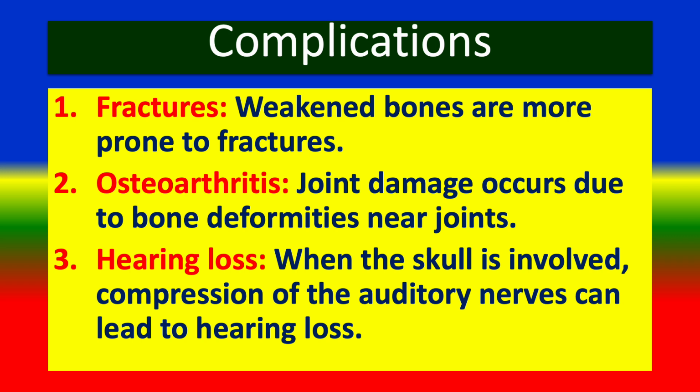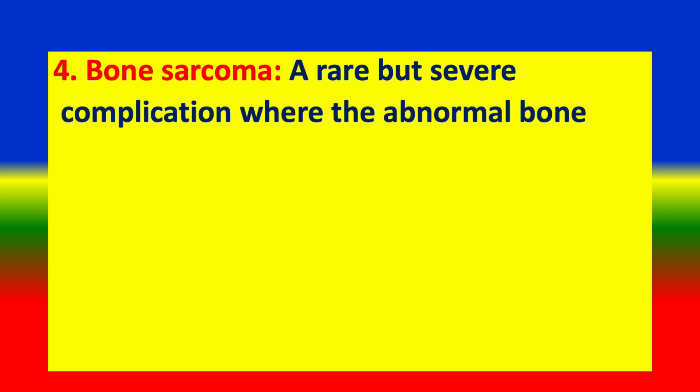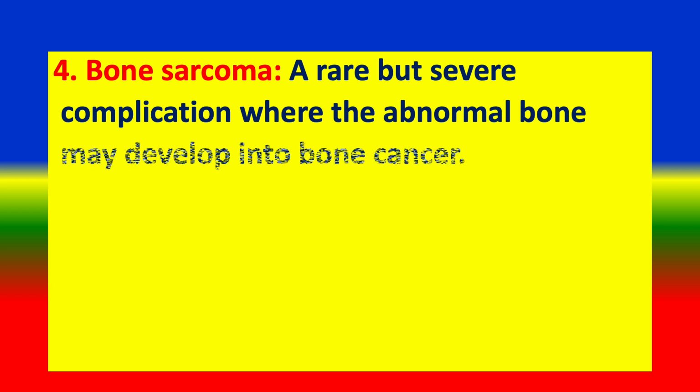When the skull is involved, compression of the auditory nerves can lead to hearing loss. 4. Bone sarcoma. A rare but severe complication where the abnormal bone may develop into bone cancer.